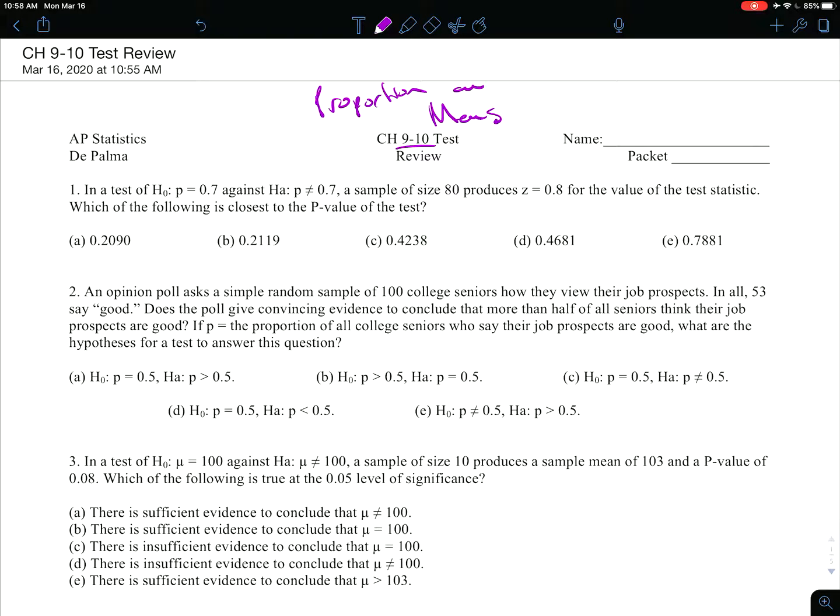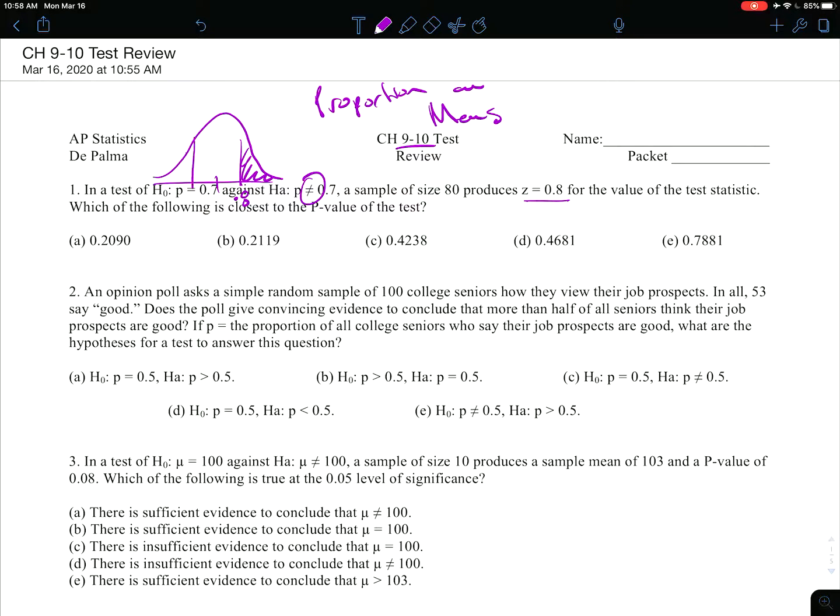So looking at question number one, we have a two-sided alternative. That's the first thing that jumps out at me when I'm looking at this problem. A z-score of 0.8. So the p-value of this, if we're thinking about the picture, under the z, the normal curve, we got 0.8 as the value, which would be that or something more extreme.